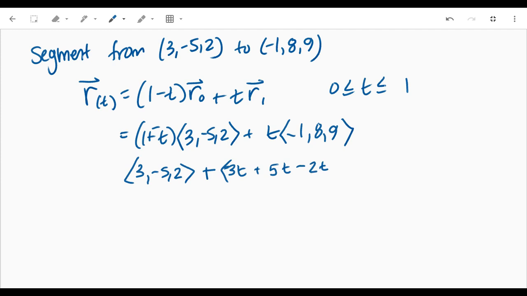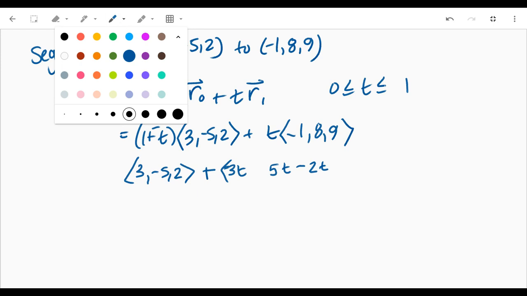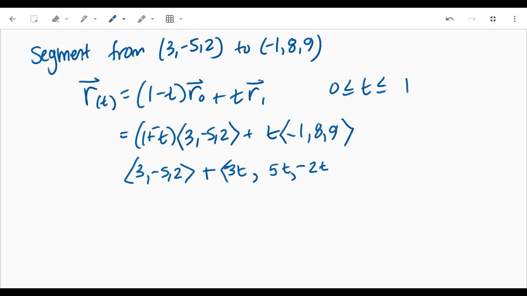Oops. And then plus negative t plus 8t. I keep putting pluses there. And then 9t.